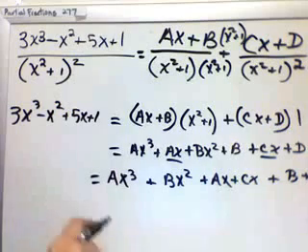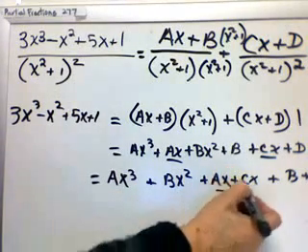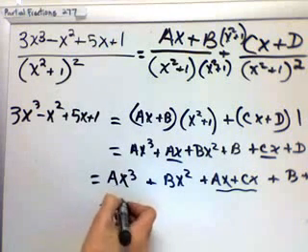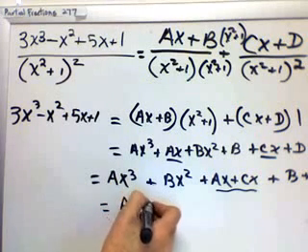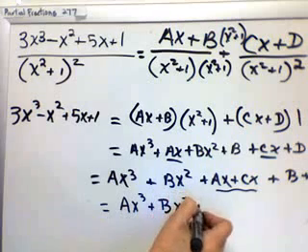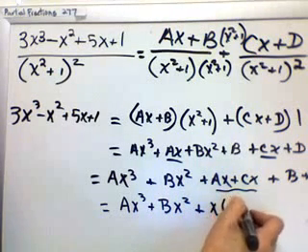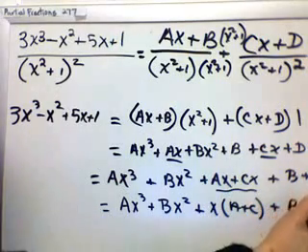Now I'll be able to equate the coefficients. Oh, but this one's got two x terms, so when that happens, I need to factor that. If there were 2x to the thirds, I'd factor that, but I don't have that. So ax to the third plus bx squared plus x times a plus c, plus b plus d.